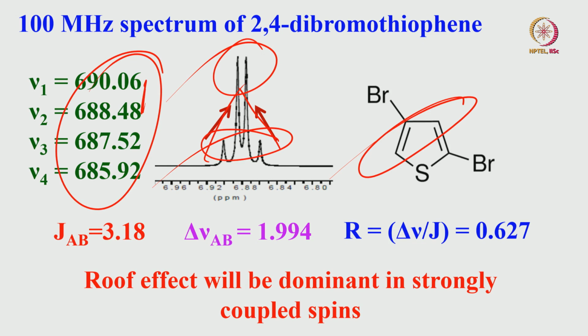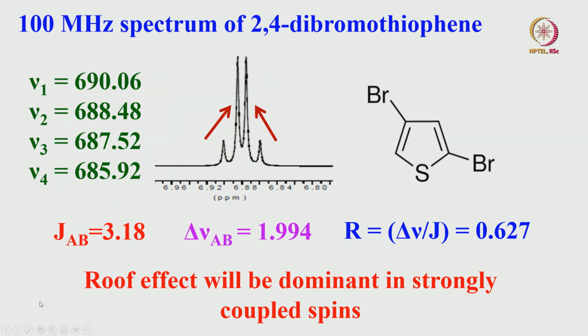Considering lines 1 and 2, and 3 and 4, there are 4 different chemical shift frequencies written for all 4 peaks here. What you can do is measure the separation between these two lines. This is about 688.7, okay, make it 688.